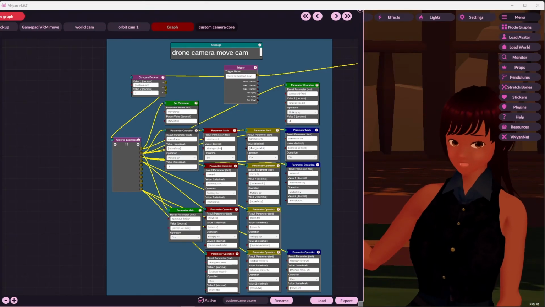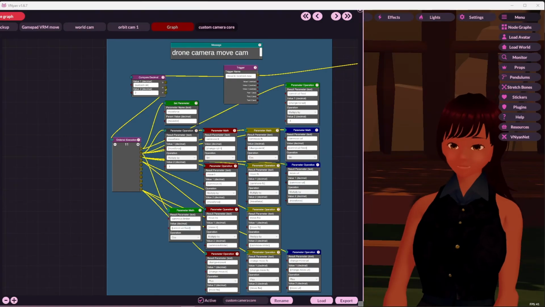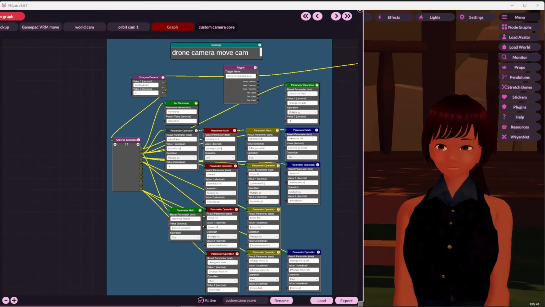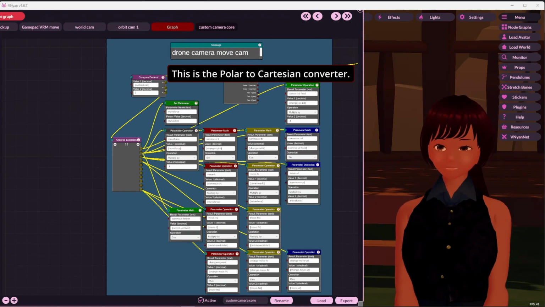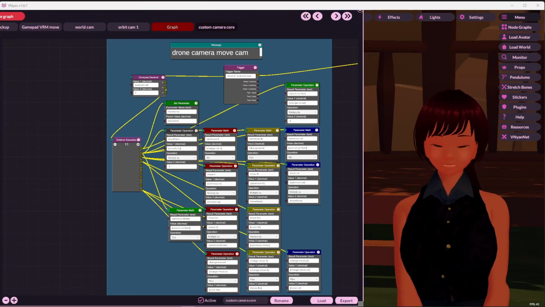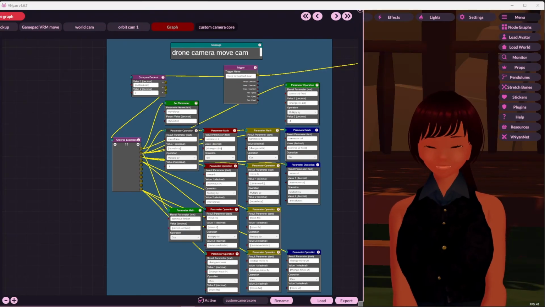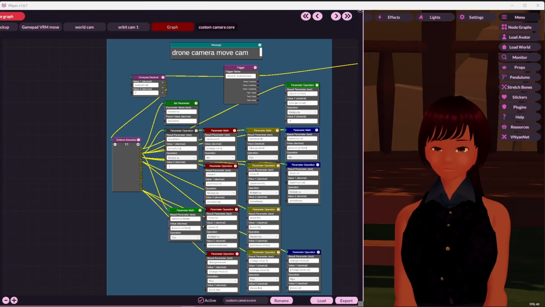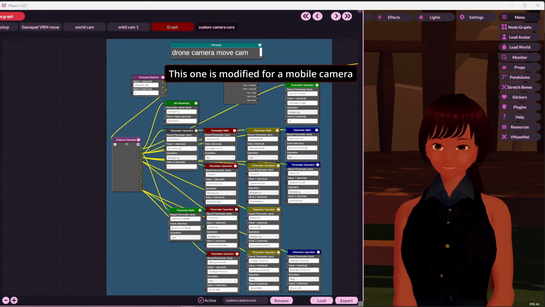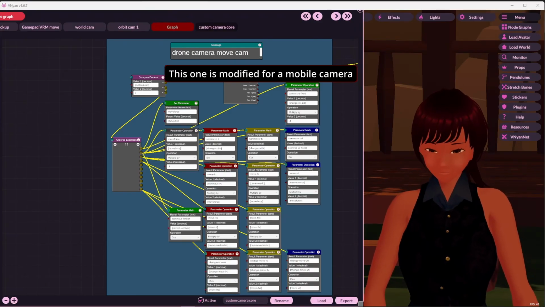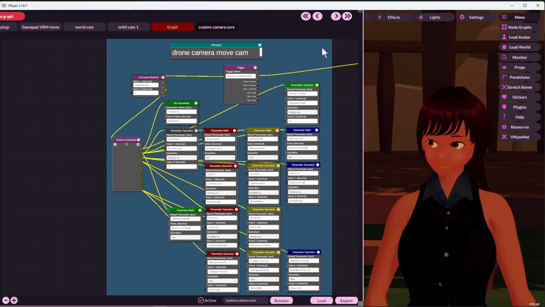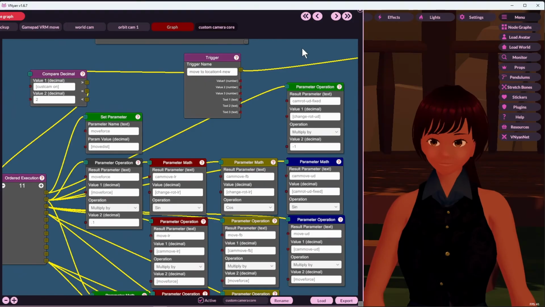The scripting over here is all about using sines and cosines and angles to extract an XYZ. So that's a polar to Cartesian coordinate conversion. And yeah, you can see the coding here. And let's see if I can bring it up a little bit closer for you.